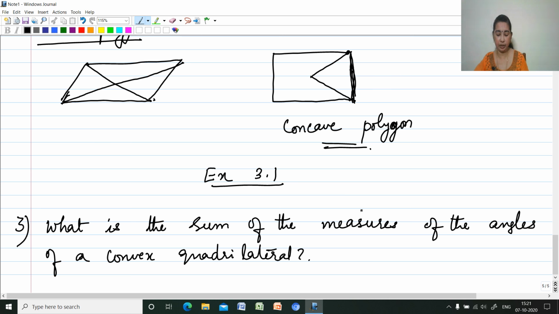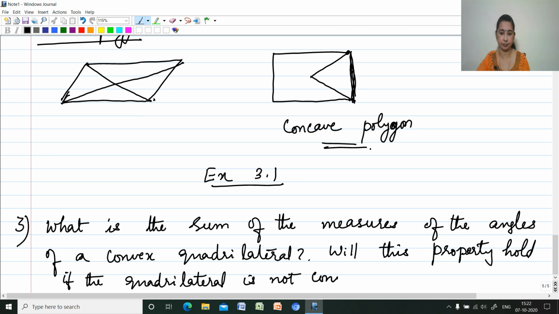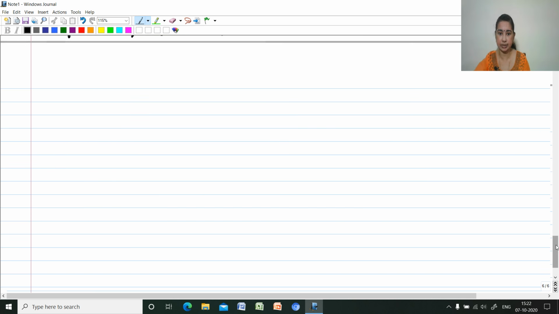Will this property hold if the quadrilateral is not convex? I explained already that the sum of the measures of the angles of any quadrilateral is 360 degrees.